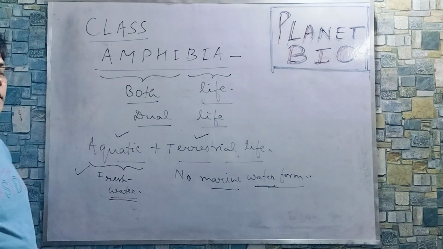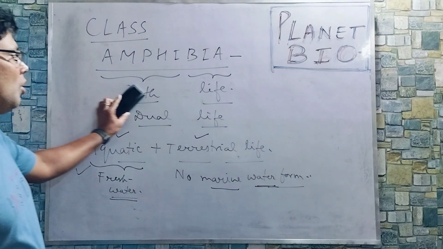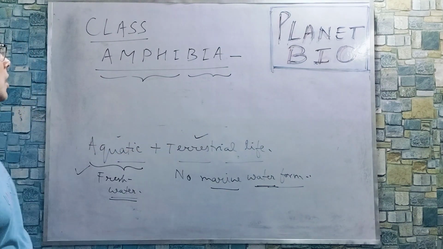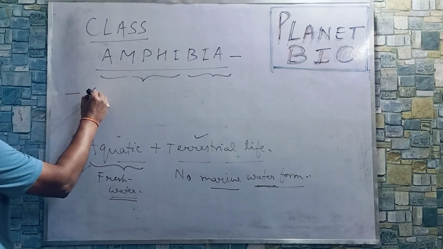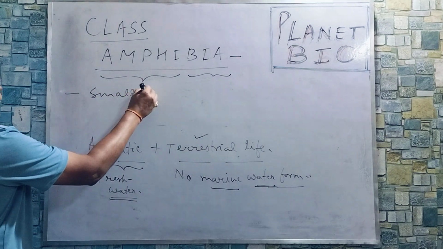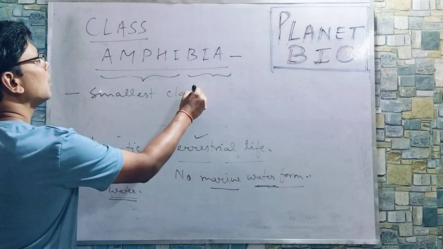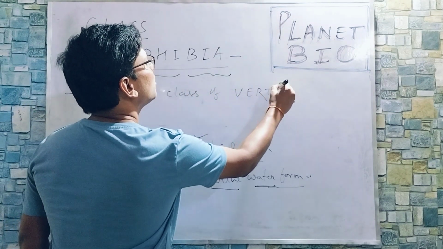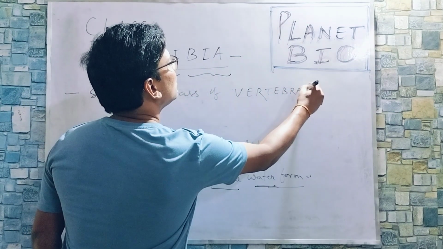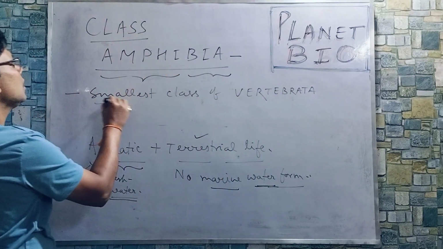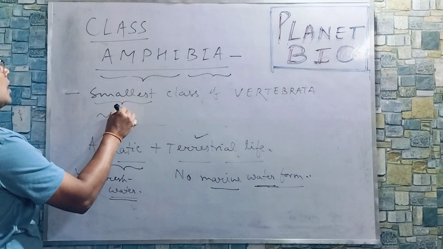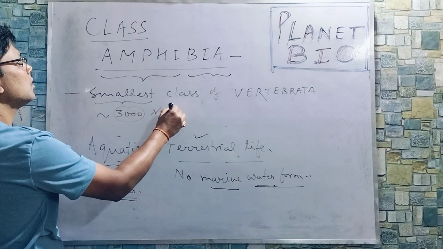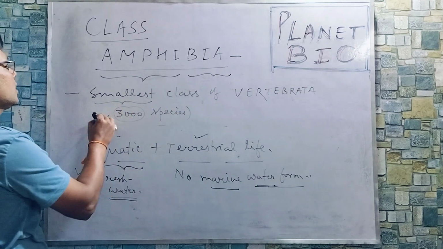Now, one more thing you have to learn: this is the smallest class of Vertebrata. That means only 3000 species are found.